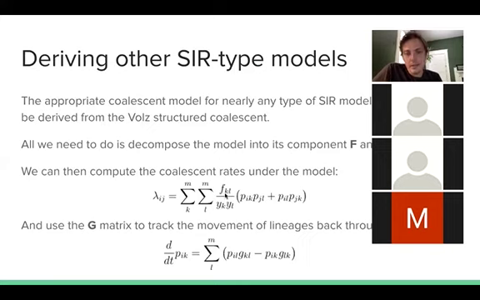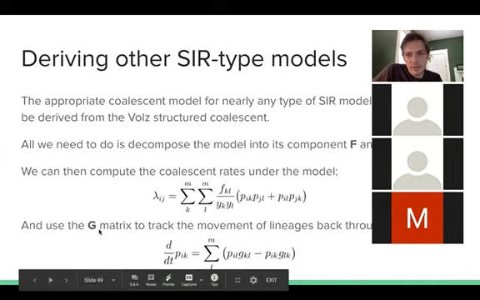And so here, the important thing to note is that the coalescent rate will only depend on terms in our F matrix, terms that actually represent the movement of lineages between populations due to birth or transmission events, events that can actually give rise to a coalescent event.